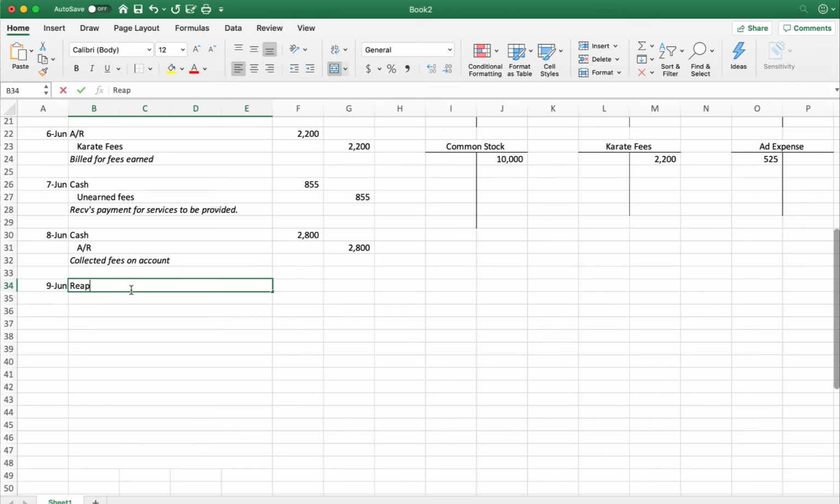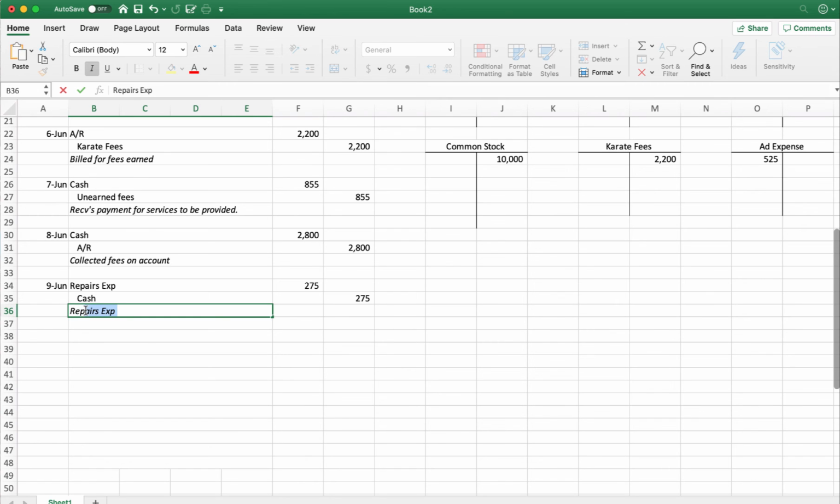So I need to debit repairs expense for $275. I need to credit my cash. Notice I'm going to indent my credit. Type in cash, 275. What am I doing here?